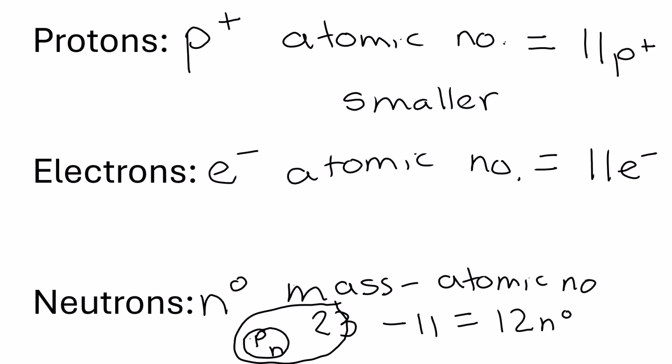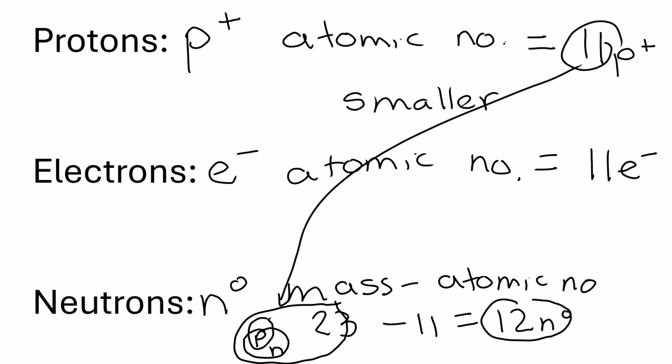And if protons is equal to 11, then what is 23 minus 11? 12. And that's how we get the 12. You can just learn it, big minus small gives you 12, or you can actually understand the science behind it, that inside a nucleus are protons and neutrons, and that is what gives an atom its mass. So we need to take the mass, we need to minus the number of protons to be able to find out how many neutrons there are.